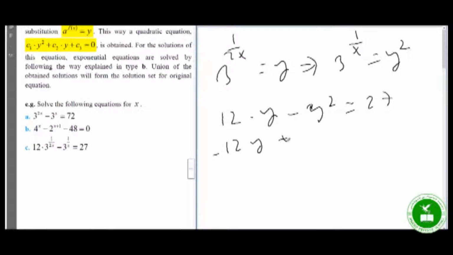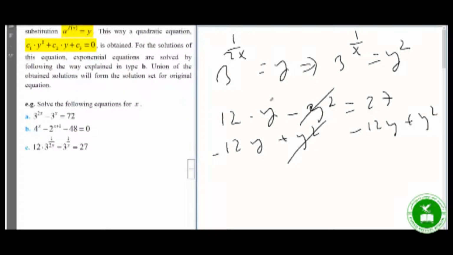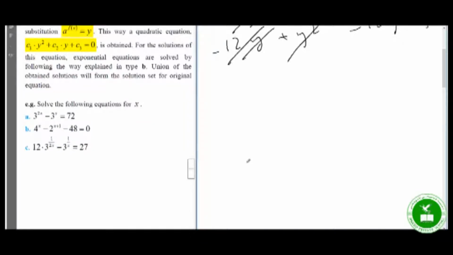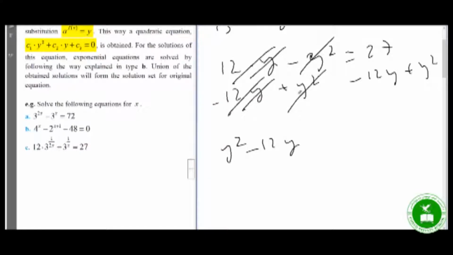Subtract 12y and add y squared to both sides. So these two are cancelled, these two are cancelled. So the equation will be y squared minus 12y plus 27 is equal to 0. It's a quadratic equation, as you see. You can solve it by using the factorization method.